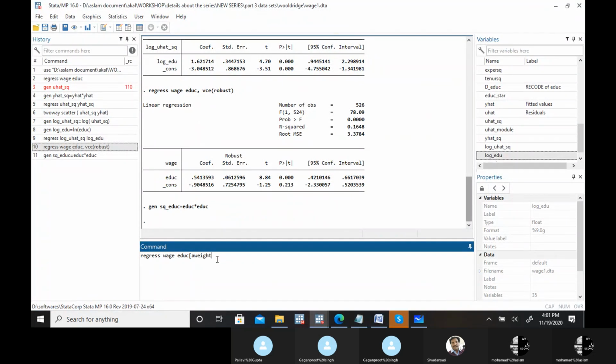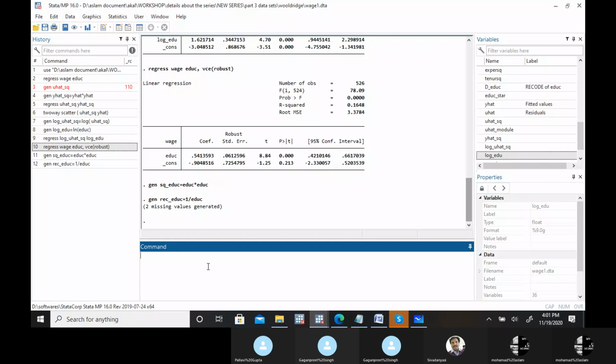Otherwise, manually you have to apply. First, we have to take a reciprocal of education. Let's generate a variable that is reciprocal of education, that is 1 by education.